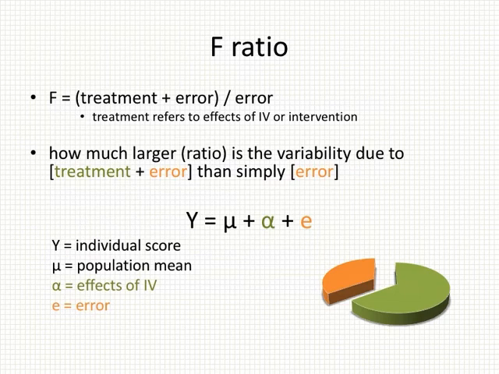In other words, how much larger is the variability due to treatment plus error than simply error? If we have a larger F, would it indicate a stronger IV effect, or a weaker IV effect?